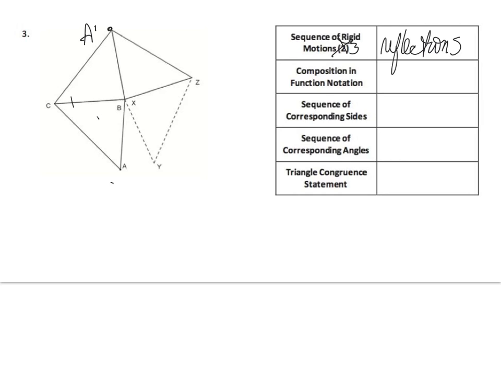So first I'm reflecting this triangle over this line to this triangle. And then I'm going to reflect over this line, which has 2 letters here, very confusing, this triangle over here. And then I'll reflect over this line down there. Cool. Let's try to write it down.